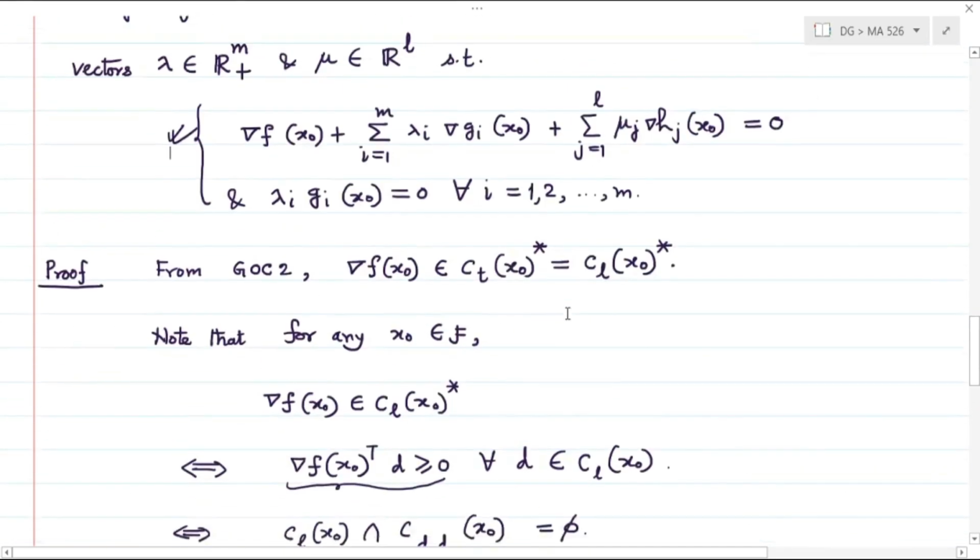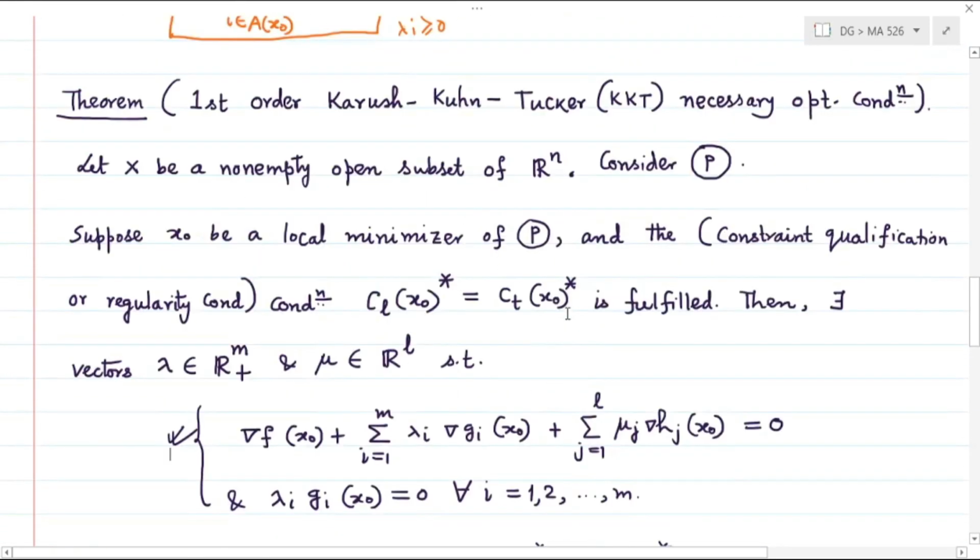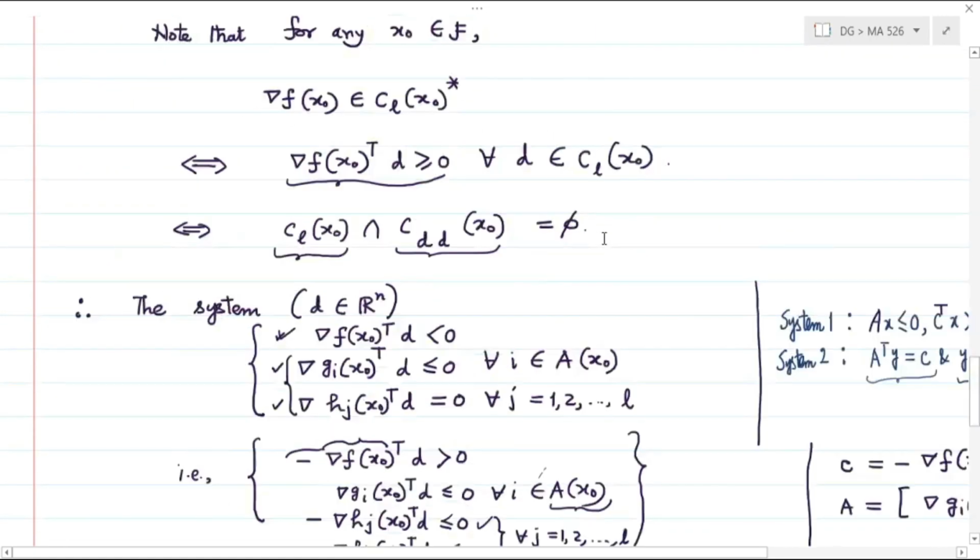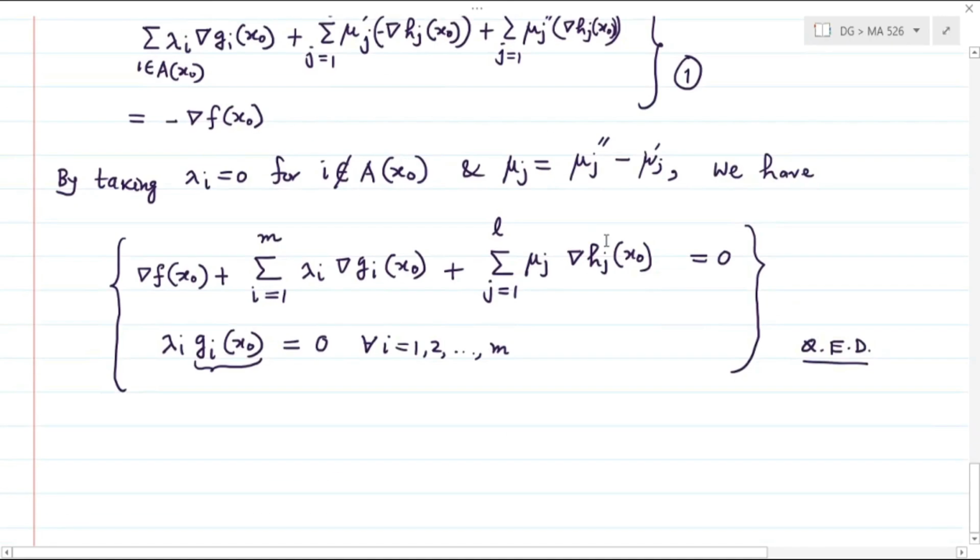Now here let me speak a few words about the historical perspective of the development of the Karush-Kuhn-Tucker condition. Kuhn and Tucker, two persons from Princeton University, derived this result in 1951, and entitled the article Nonlinear Programming.